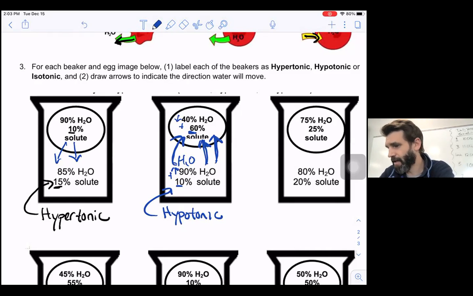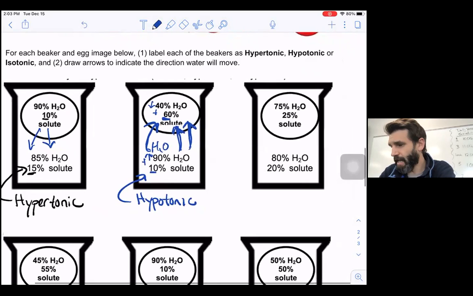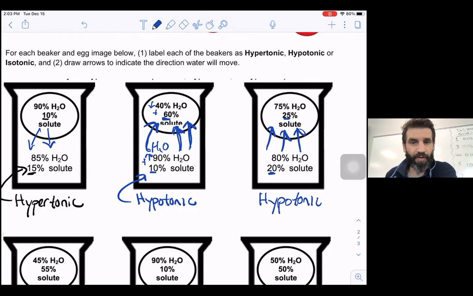All right. So in this next one, 25% solute versus 20, once again, we have a hypotonic solution and water will be moving inside. So one teacher says hypo might explode.